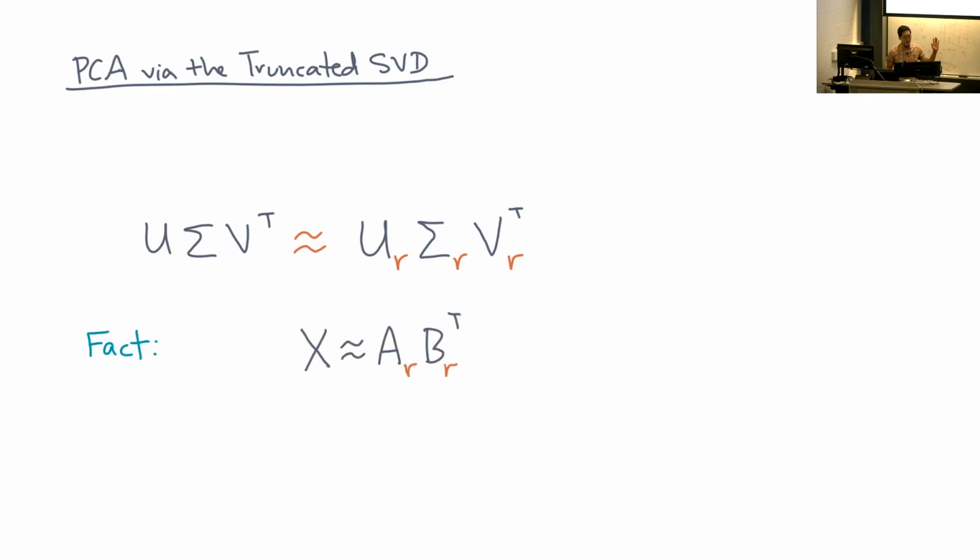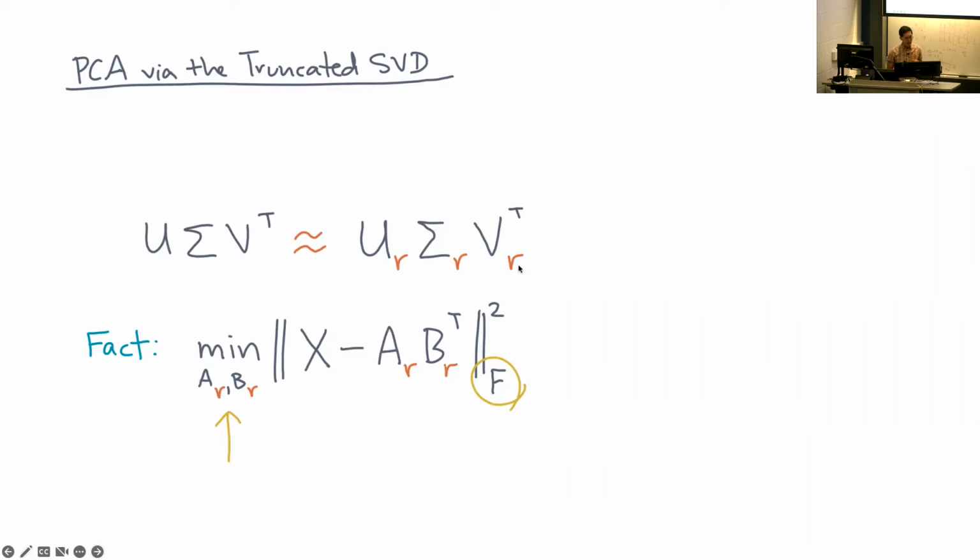And not only is it a rank R approximation, it's actually the best rank R approximation among any other kind of rank R approximation you could choose. I could pick any matrix A and any matrix B where A and B have R columns, and form A_R B_R transpose. But there's no choice that will give an approximation better than truncating the SVD, in a particular measure.